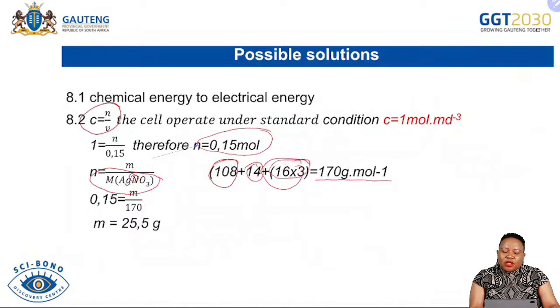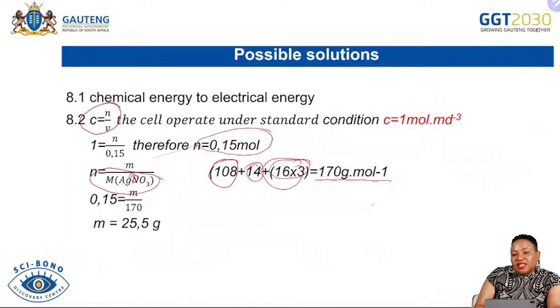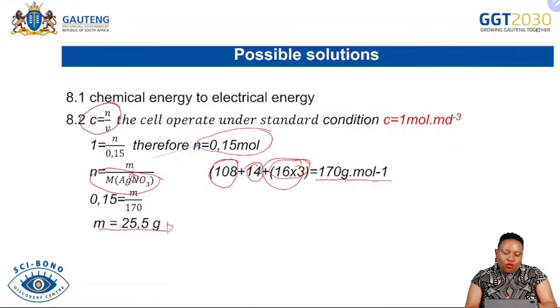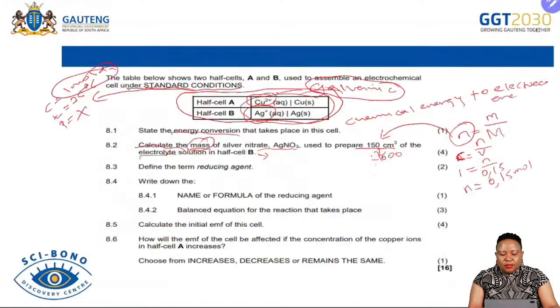Therefore the molar mass of silver nitrate is 170 grams per mole, and when we substitute it in the formula n equals m over M, we find the mass of the electrolyte as 25.5 grams.